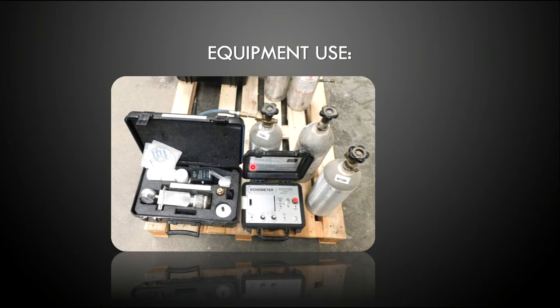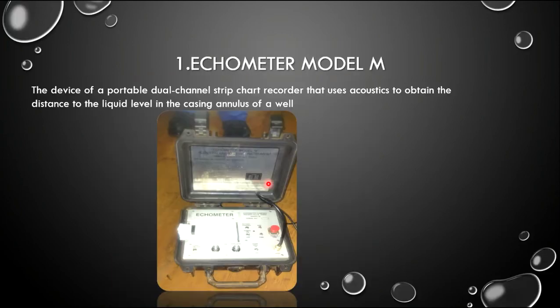So let us see the equipment we use. We have the cylinder, and then we have the Echometer with recorder strips, and we have the gun itself, and then the connector. So let us see them one by one.